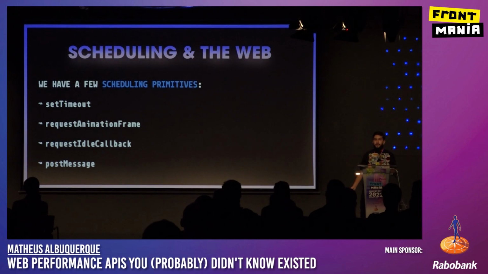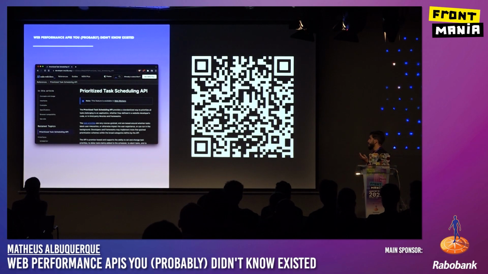But if you ever had to do any complex logic with scheduling things, or implement a custom scheduler, or do anything that goes deeper into the React scheduler, you see that all of these APIs are not uniform, and they could be better. People are aware of that, and that's why we have the prioritized task scheduling API.